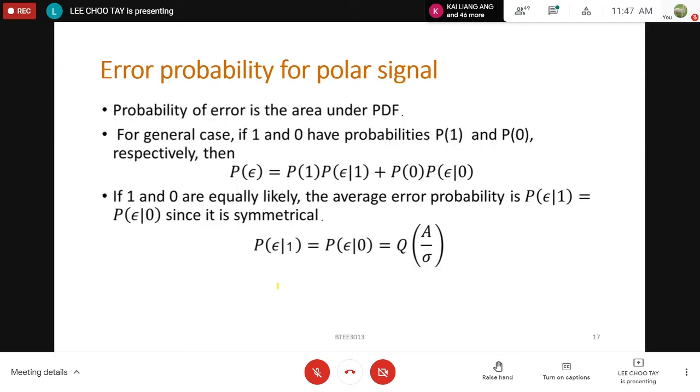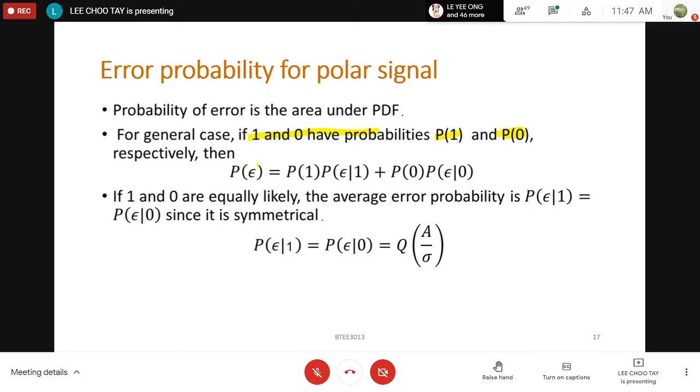In this case, again, we assume that 1 and 0 have probabilities P1 and P0. These are the terms I'm going to use. P1 means the probability of 1 being sent, and P0 is the probability of 0 being sent.